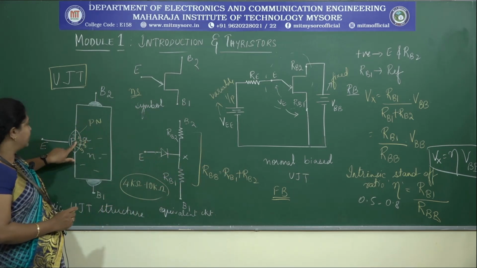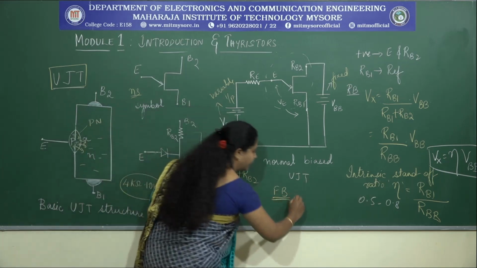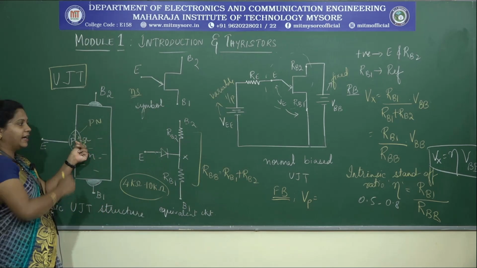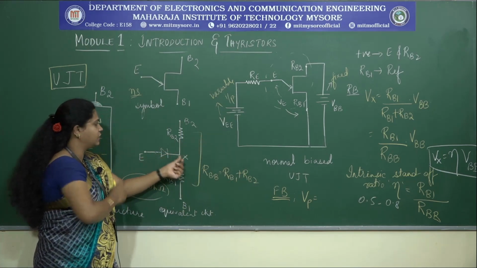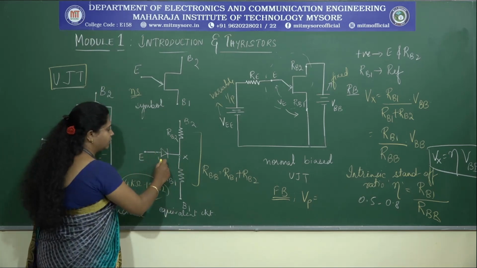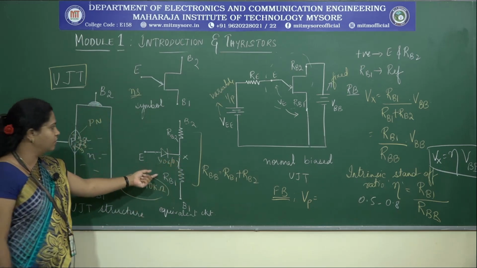What happens? There is going to be a peak point, the highest value of voltage. So, the highest value of voltage is nothing but at the point X, we already have the voltage during the reverse bias condition plus the small diode voltage. Diode voltage during the on state can be around 0.6 or 0.7 volts.